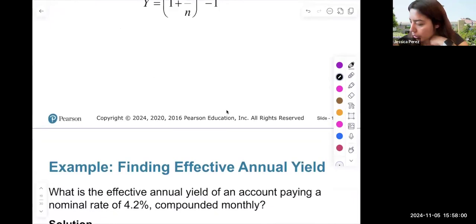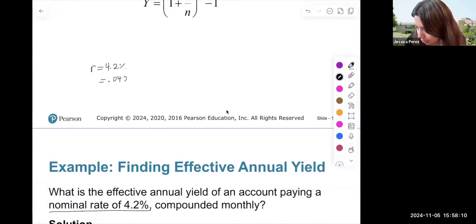So we're looking for the effective annual yield of an account paying a nominal rate of 4.2%, or 0.042, compounded monthly. If it's monthly, then n is 12.